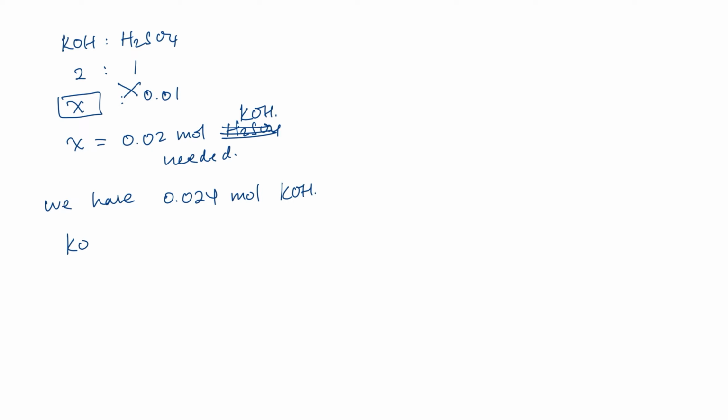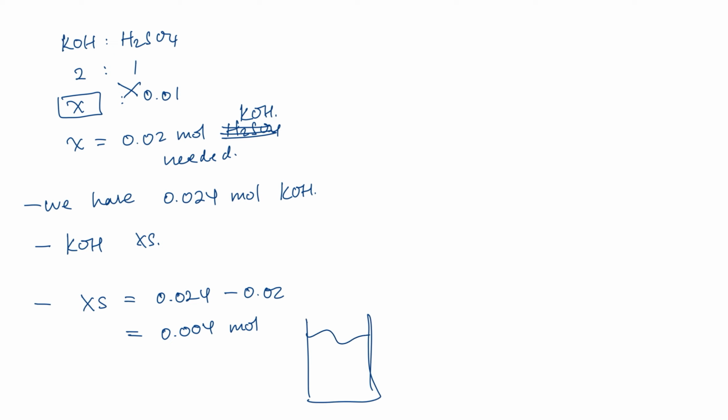So the amount that's in excess is going to equal 0.024 minus 0.02, which is 0.004 moles. Now this 0.004 moles is sitting in that 0.2 dm cubed solution.